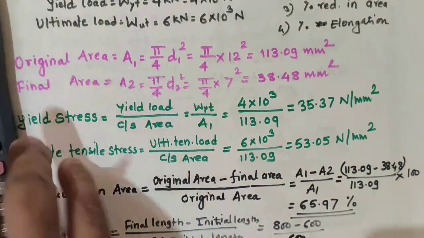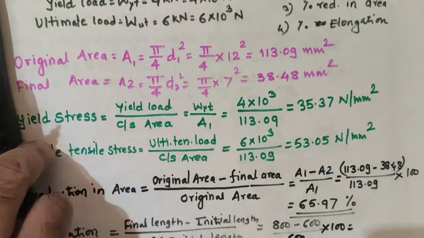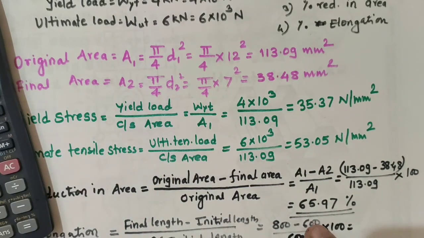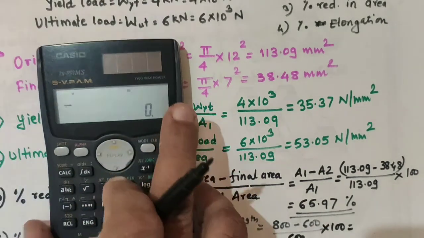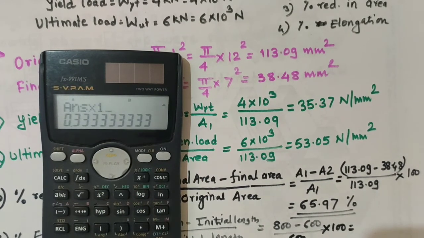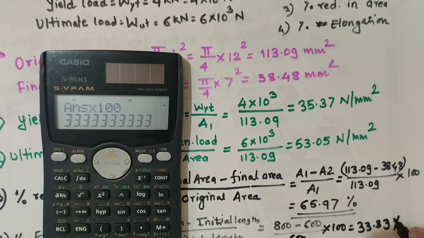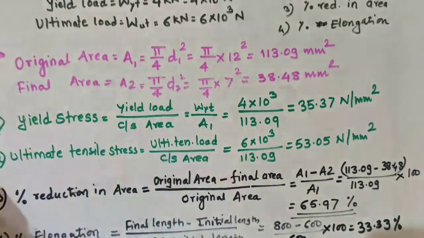So for percentage into 100, it is 800 minus 600, 200, 200 upon 600 into 100. So 200 divided by 600 into 100, we'll get 33.33% elongation in the specimen.